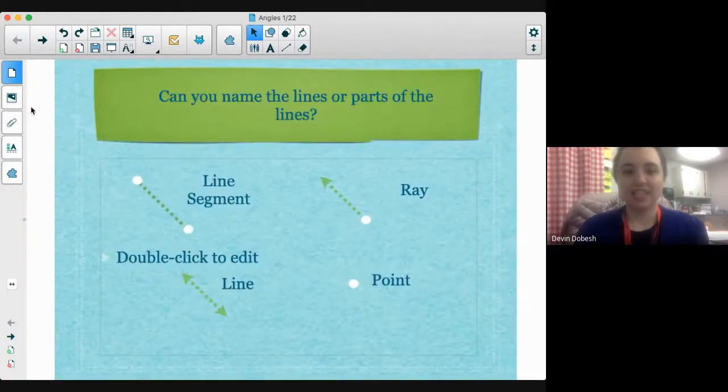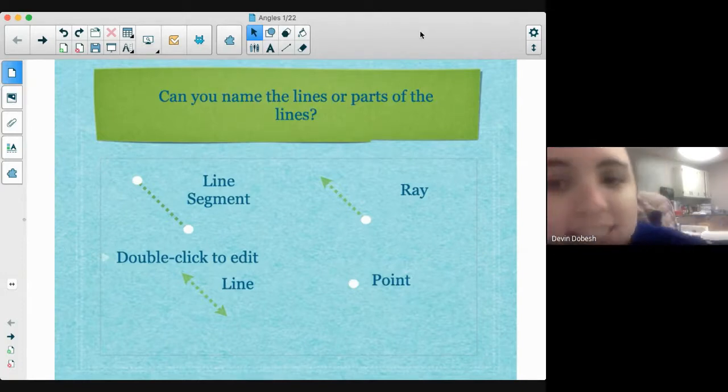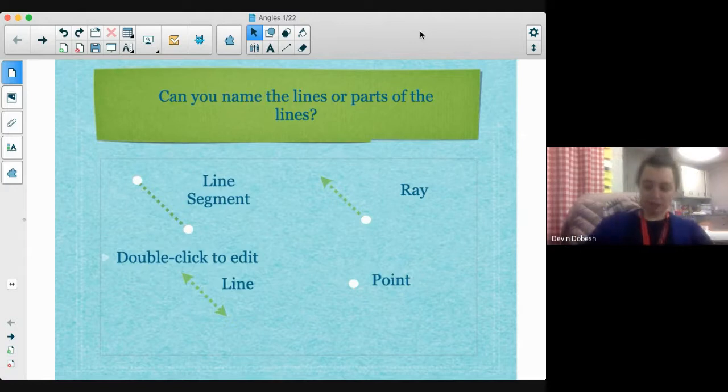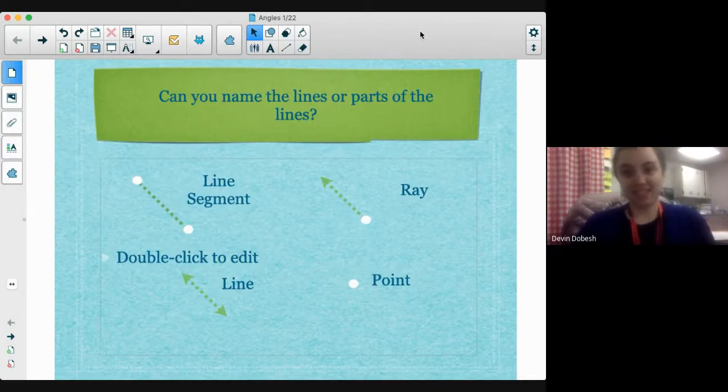All right, so I forgot to put our I can on there, but we're going to say: I can identify perpendicular lines, obtuse angles, acute angles, and right angles today.